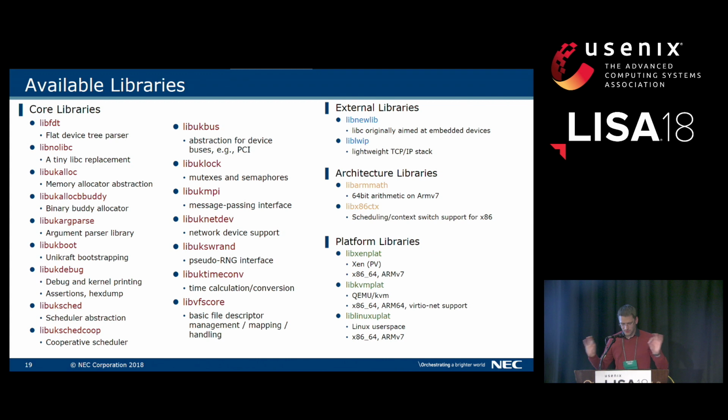To give you a rough overview, but I won't run over this in detail, what we have already upstream in that project is this set of libraries. You will notice that some of them are quite small, like libukmpi, where UK stands for Unikraft, which is for a message passing interface, so it's a really small library, or libuklock, which just introduces mutexes and semaphores.